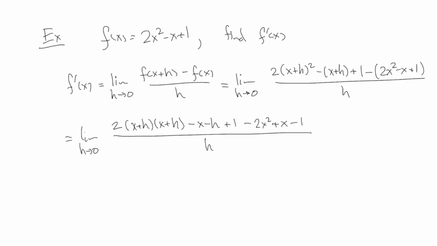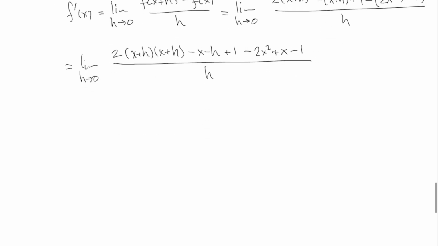Okay, next I'll do the FOIL on the beginning. Lim h goes to 0. The 2 here, and then x plus h times x plus h. On the front, I get x times x, which is x squared. In the middle, I get hx. On the outside, I get xh. That adds up to 2xh. And then on the end, I got h times h, which is h squared.